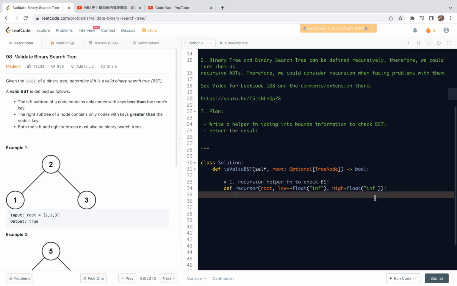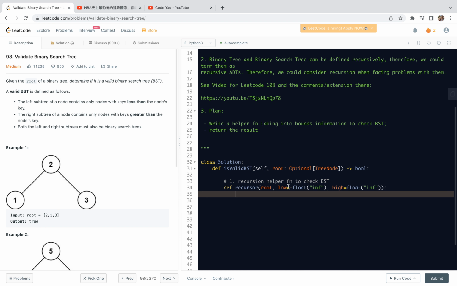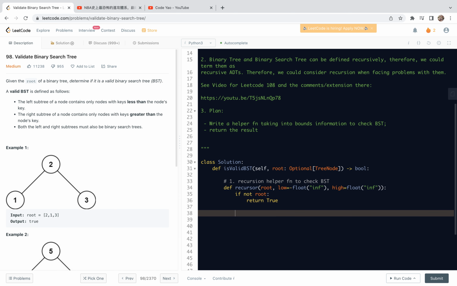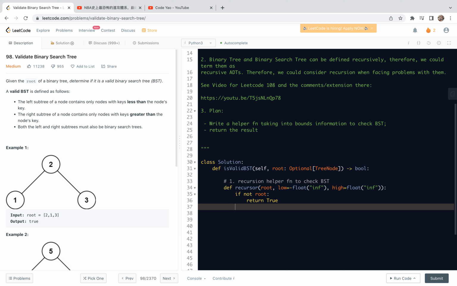Then what we want to check is whether the bounds relations remain for every node or every subtree. First let's add a stop condition. If not root, we are going to return true, right? This is standard. Next we are going to encode the bound information into the root.